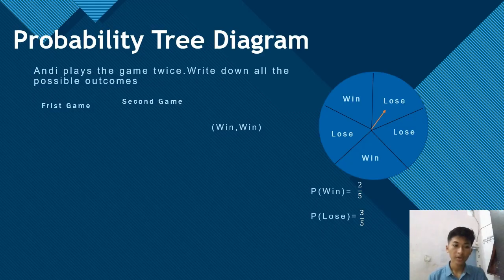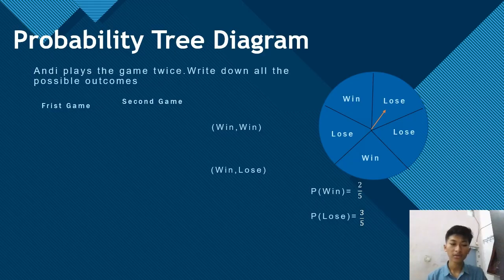Okay, we start with the best outcome, where Andy wins the game both times. We call that outcome win and win. And then Andy wins the first game but unfortunately loses the second game, so we call it win, loss.